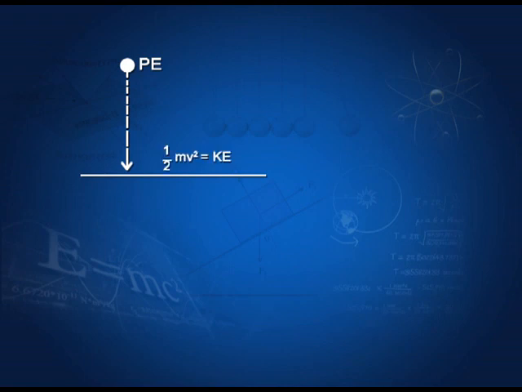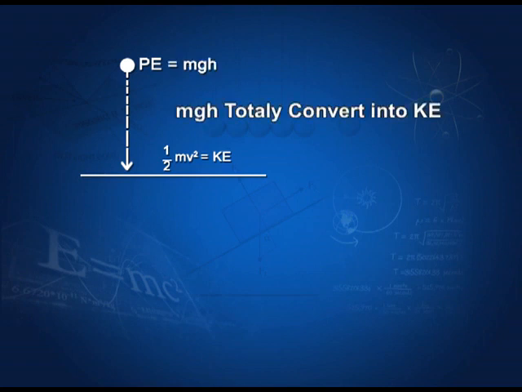For example, when a body drops from here and it started from rest, all it had was potential energy and it gains speed, and as it is just about to strike, mv squared becomes its only energy, which is kinetic energy. What happens to the potential energy at this point? Potential energy mgh converts totally into kinetic energy.